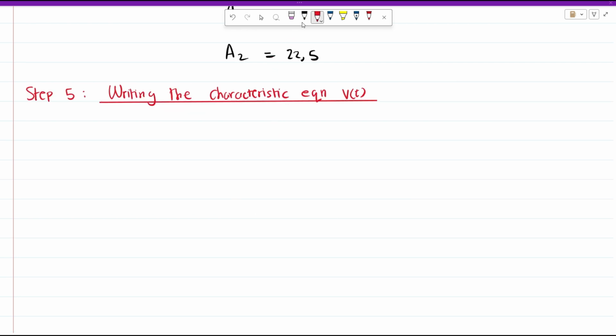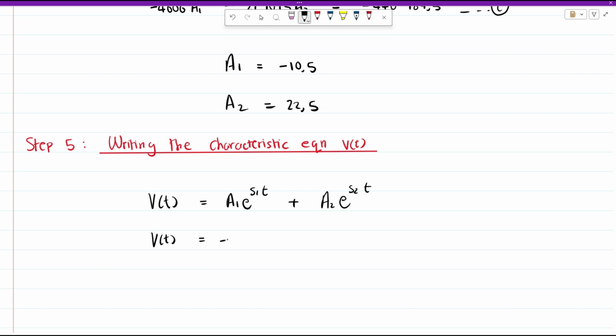Now we come to the final step, to write the characteristic equation for v(t). v(t) is equal to A1 multiplied by e to the power of S1 t plus A2 e to the power of S2 t. So this will be equal to the constant A1, which is minus 10.5, e to the first root.